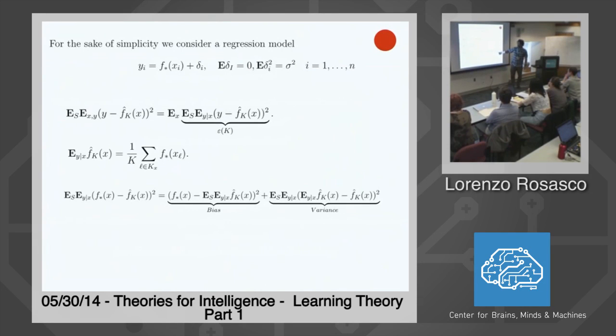Variance is called variance for an obvious reason, because it is the estimator minus its expectation, squared. This is called the bias, because you are not allowing your method to reach the right solution, because you're fixing k. If you let k change, you might be able to approximate this more, but if you fix it, then you introduce a gap between your potential solution and the best possible solution.